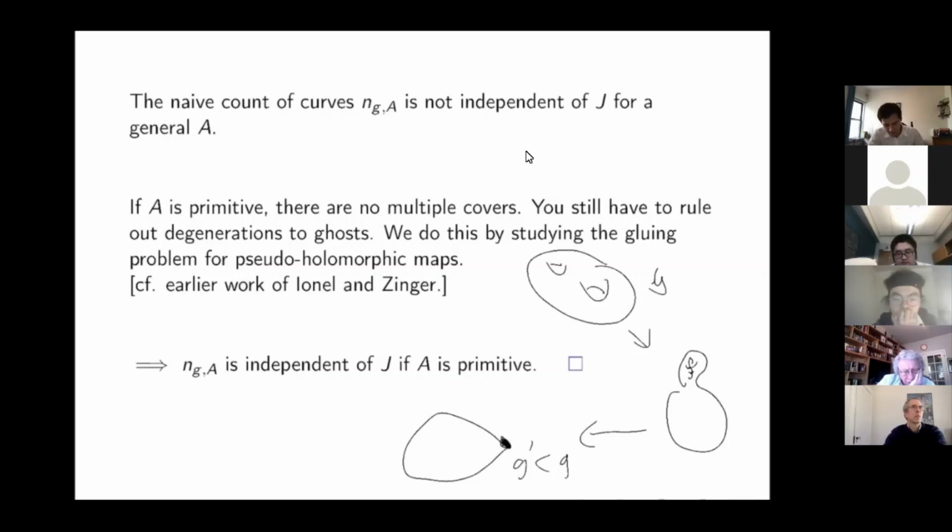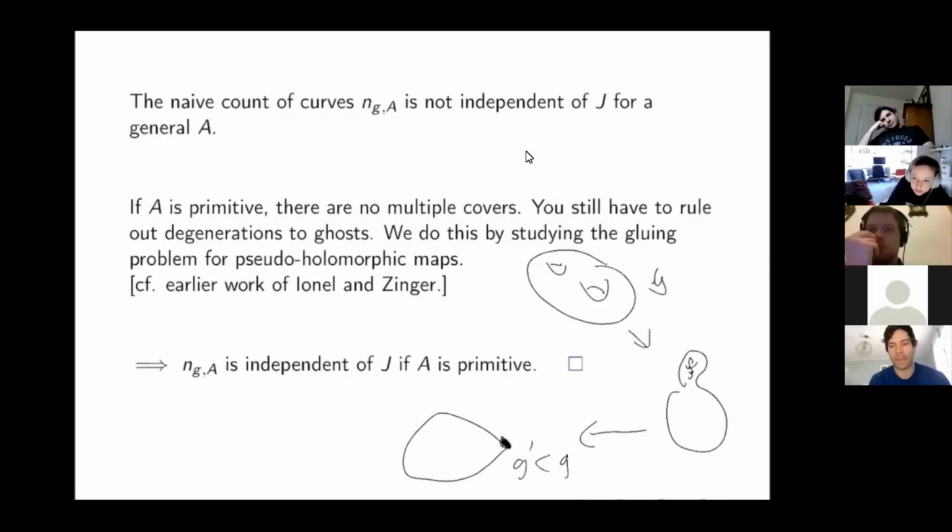So something like that, following ideas of Ionel and Zinger, can be proved by studying the gluing problem for pseudo-holomorphic maps. So this is related to these ghost maps that I mentioned earlier.